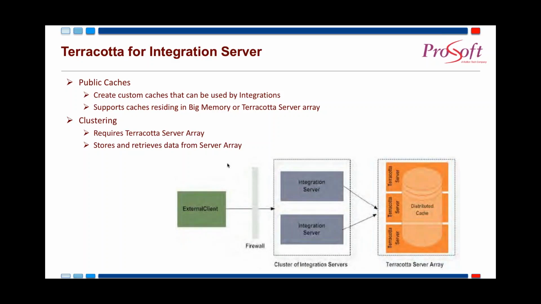They share the cache, and the integration servers act as clients for these caches, storing and retrieving the data from the server arrays using Ehcache APIs, built-in services available in the integration server. We can create custom or public caches using the Terracotta server on the integration server.